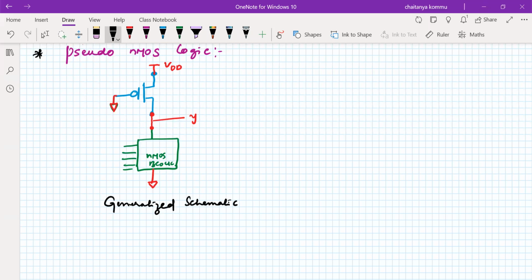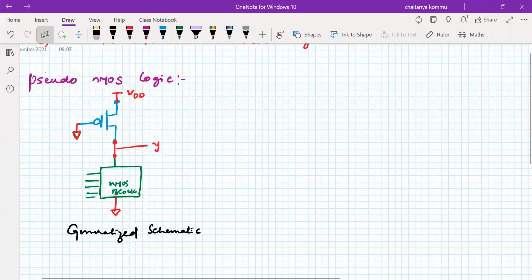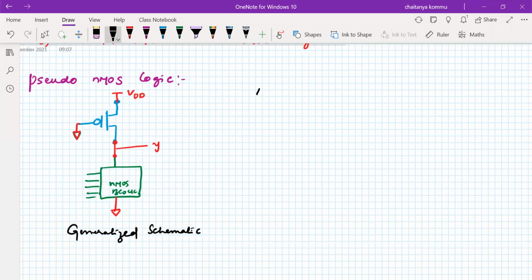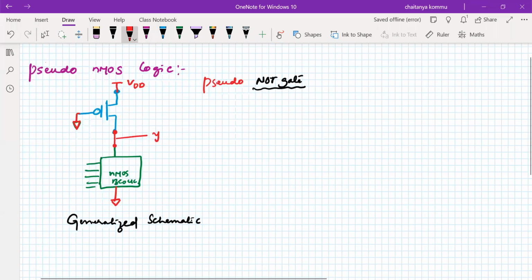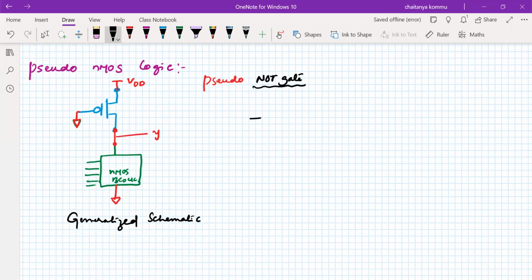For example, if I want to implement a NOT gate, a pseudo-NMOS NOT gate, how do I do this? Since the NMOS block requires only one transistor, we take a PMOS transistor and only one NMOS transistor.